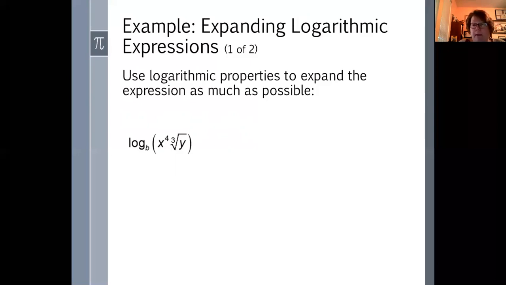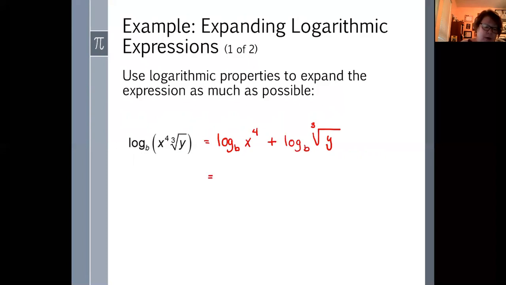Product rule says that the logarithm of a product can be written as the sum of the two logarithms. So we can write this as the log base b of x to the fourth plus the log base b of the cube root of y. Now we're going to use the power rule to bring the exponents outside the logarithm and make them factors.